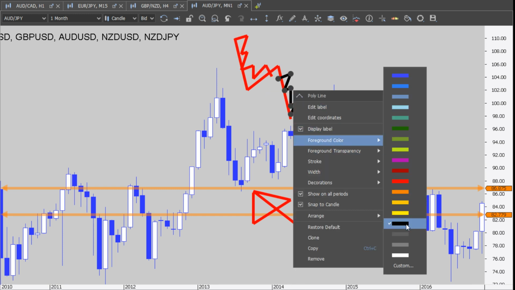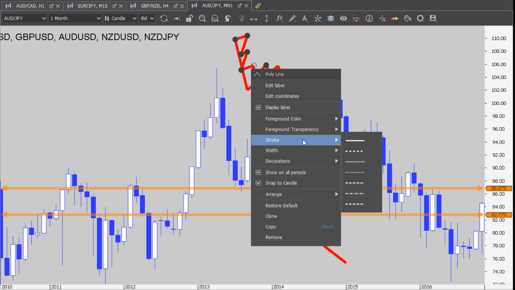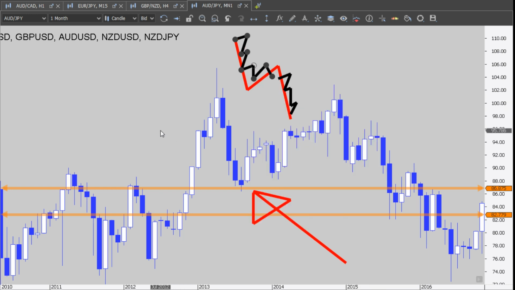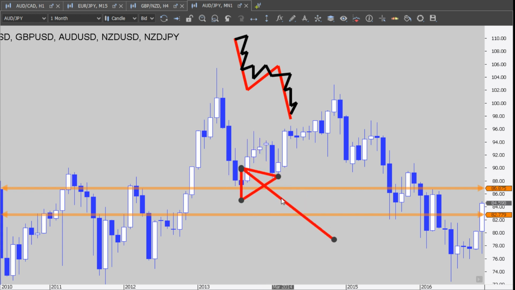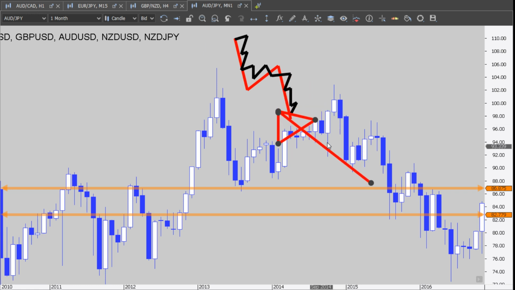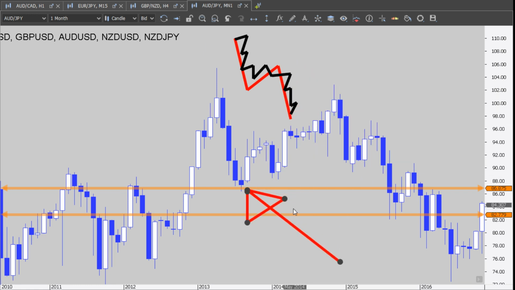Let's color code this in black. Okay, let's connect those two. So you are trading in here. The daily chart has a down structure, and the weekly chart has the downtrend, you have everything in place, and your counter trend line breaks and everything, and you are here.